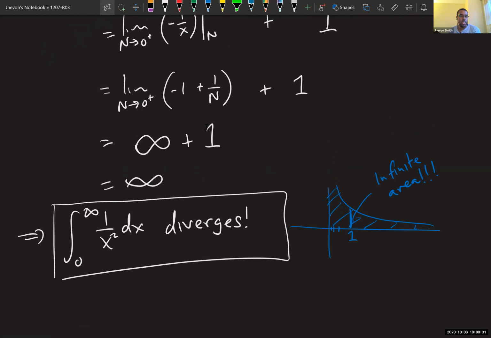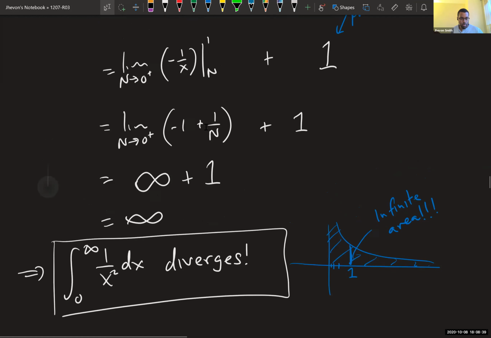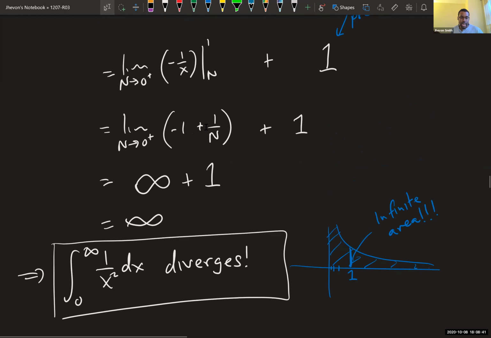But here it turns out that you don't rise fast enough. So that one diverges. Diverges basically just means the limits don't exist. The limits don't add up to a meaningful answer.